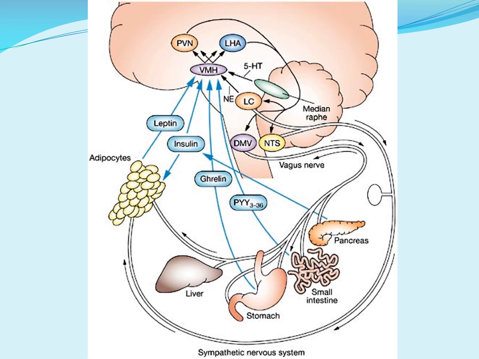These signals come from the body through the vagus nerve. Also, we have a lot of hormones involved in changing the activity of feeding and satiety centers, like leptin, insulin, ghrelin, and peptide YY.